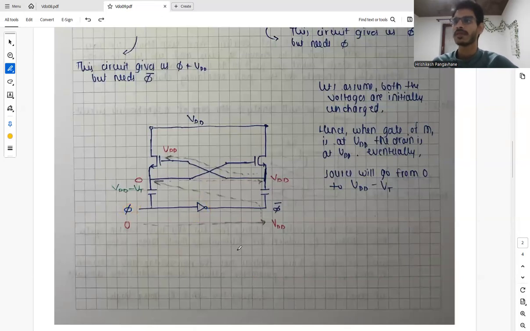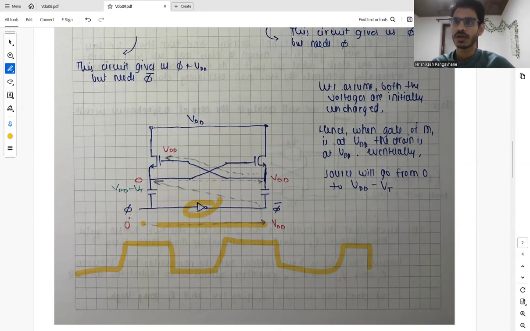So when we implement this kind of structure by clubbing these two circuits, phi is a cycle, right? So we have phi as a clock. When phi is 0, what happens? This inverter inverts and provides us with phi bar.